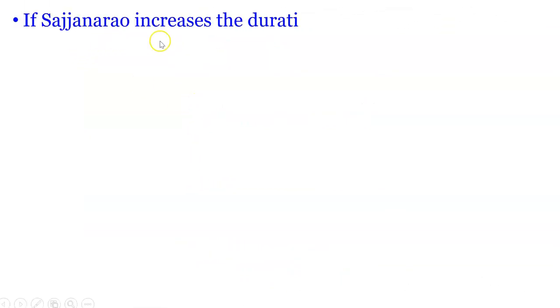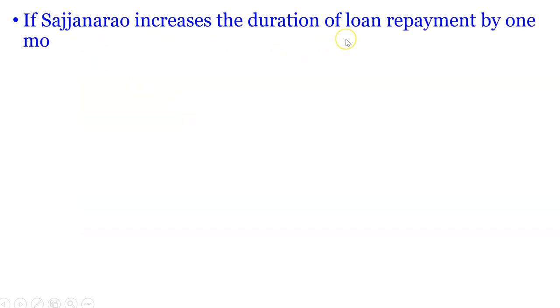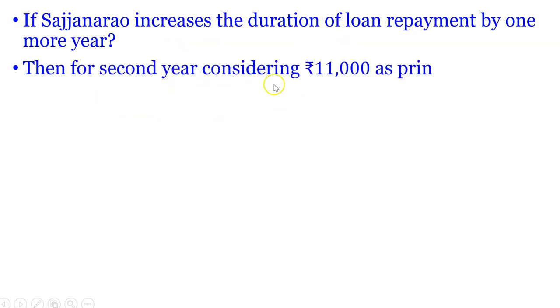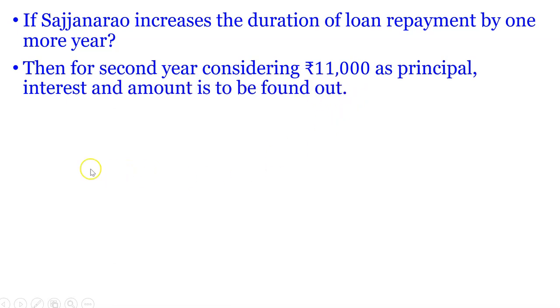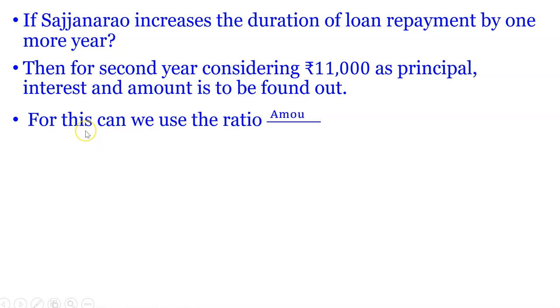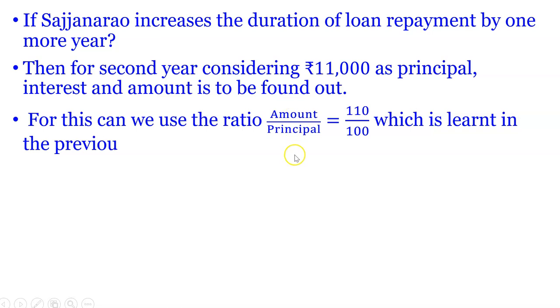If Sajjan Rao increases the duration of loan repayment by 1 more year, then for the second year, considering 11,000 as principal, interest and the amount are to be found out. For this, can we use the ratio, that is amount upon principal, that is 110 upon 100, which we learned in the previous standard?